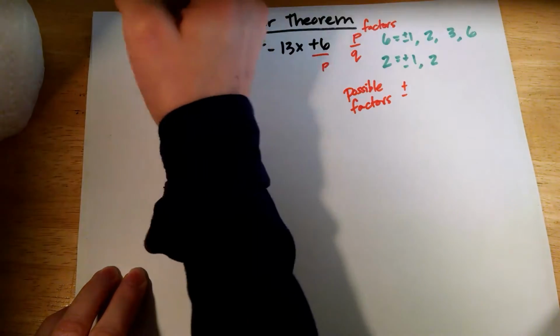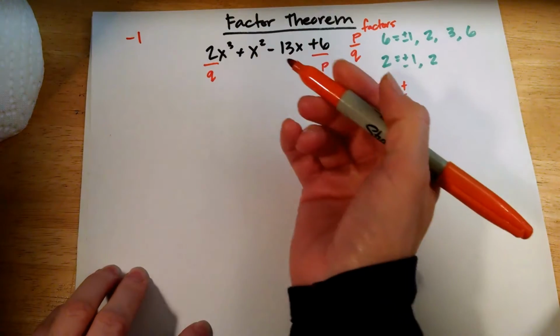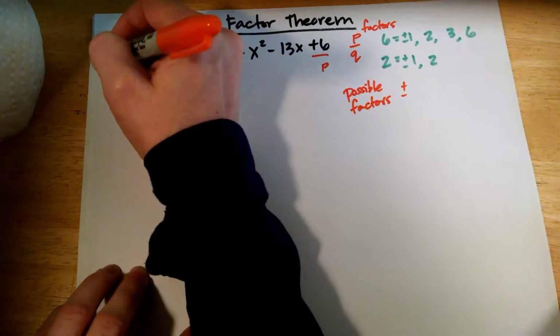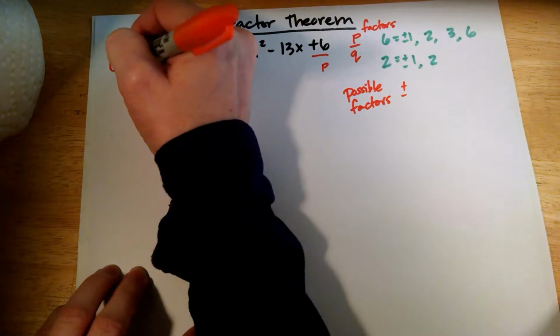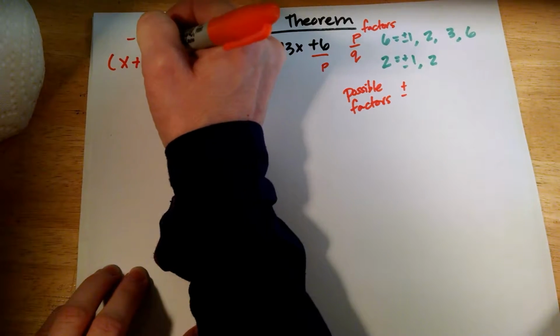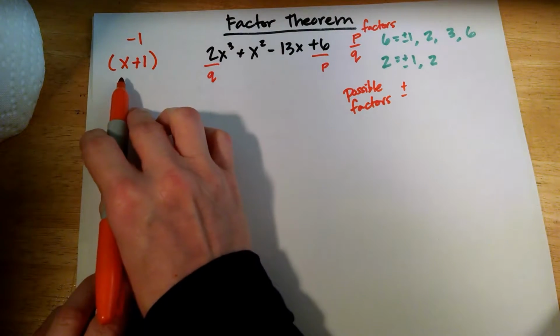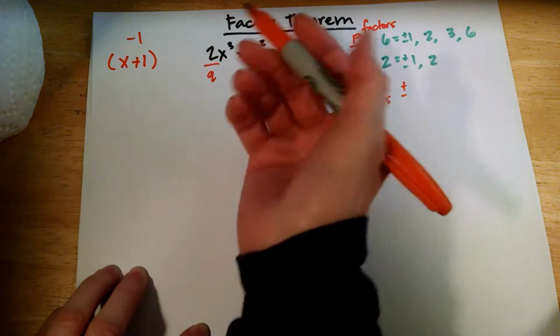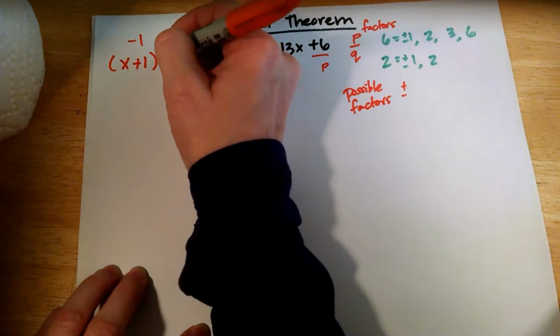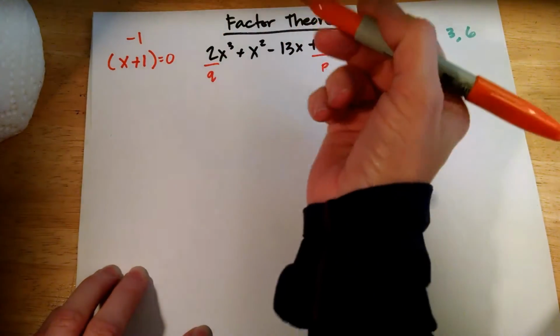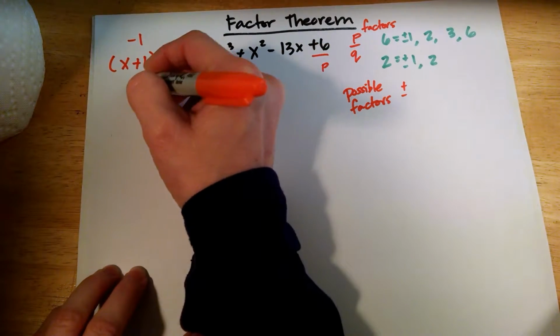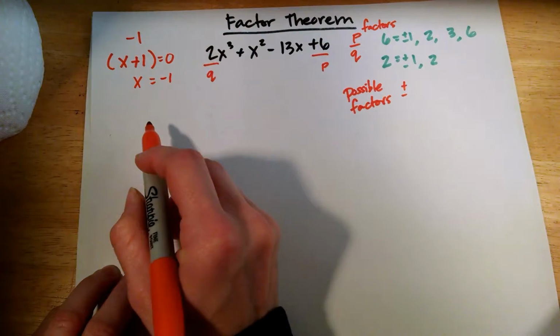So if I have a possible factor of -1, let's say that works. If I were to write that in a binomial form, it would be x plus 1. Because when we have this as a factor and we solve to set it equal to 0, we're solving for what x is. So x would equal -1.